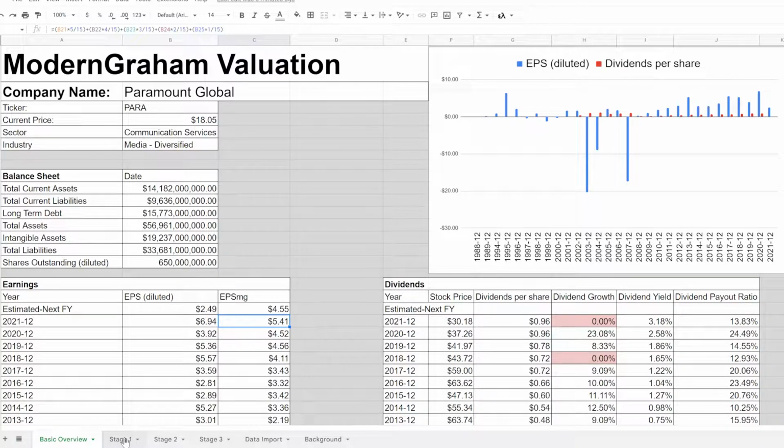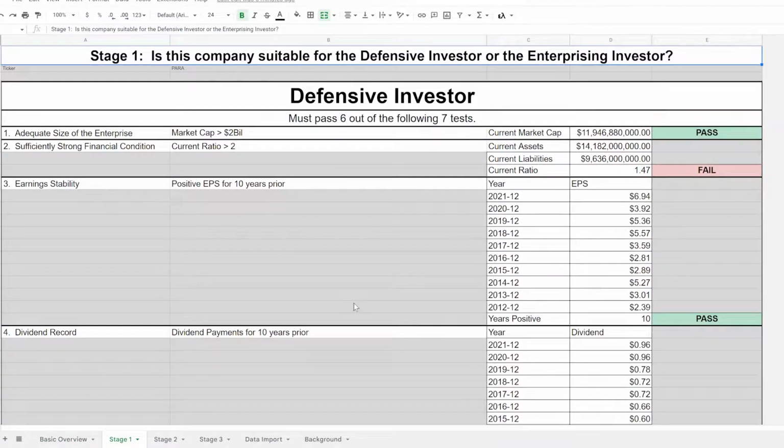Moving on to stage 1 in the analysis, where we look at whether the company is suitable for the defensive investor or the enterprising investor. So the defensive investor is somebody who wants to have individual companies in their portfolio, but they don't have as much time to do research.